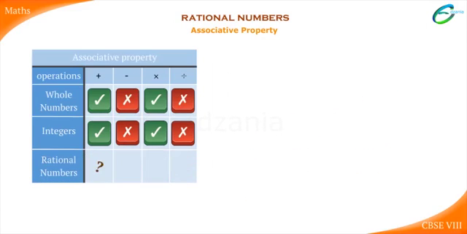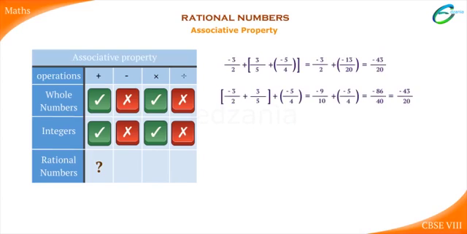Now let us see whether addition, subtraction, multiplication, and division are associative for rational numbers. Let us start with the operation addition. Let's consider three rational numbers and add them by grouping any two adjacent terms.